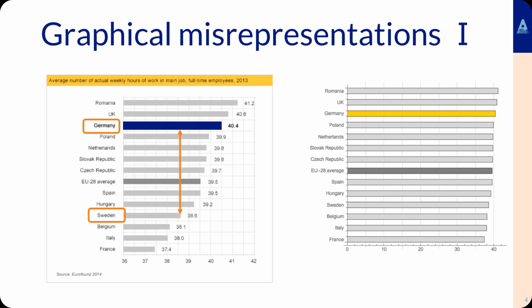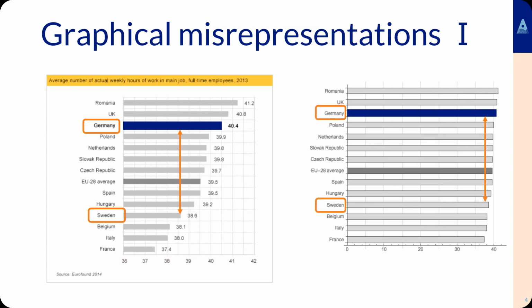So let's take a look. The reason for that difference is that the axis at the bottom, the number of hours, is actually a y-axis, but the chart is turned on its side. It starts at 36. So that's the reason for the bars looking relatively spread out, because the focus has been zoomed in so much.